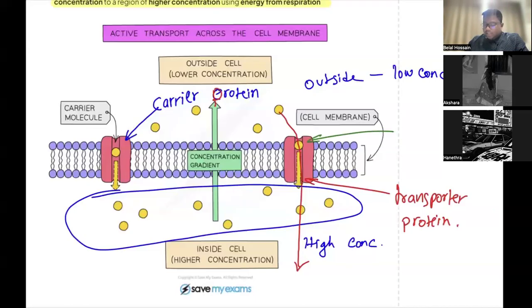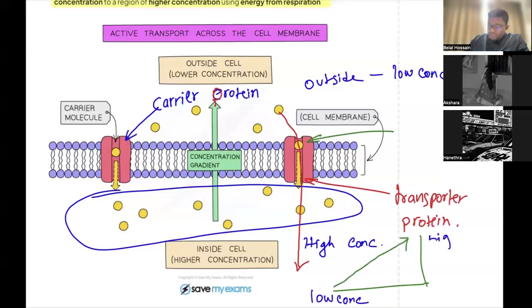Remember that active transport is not possible without energy. Active transport is like going uphill. It is like going literal uphill. Low concentration, high concentration. The only way you can go uphill is using energy. Did you get it? Yes.